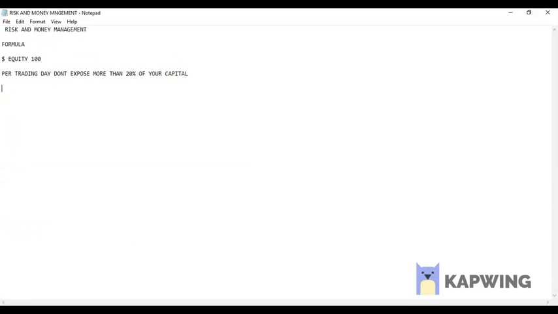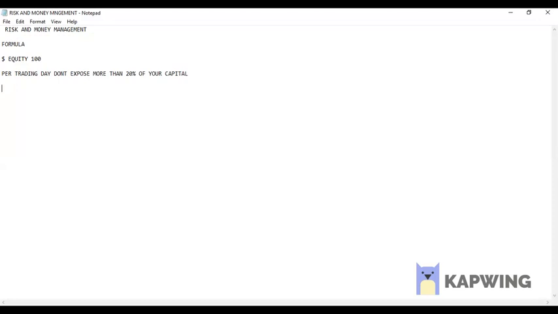So if you're using 2%, which means that each trade is carrying 2% of your capital, right? So if you have 5 trades, you're already using 10%.